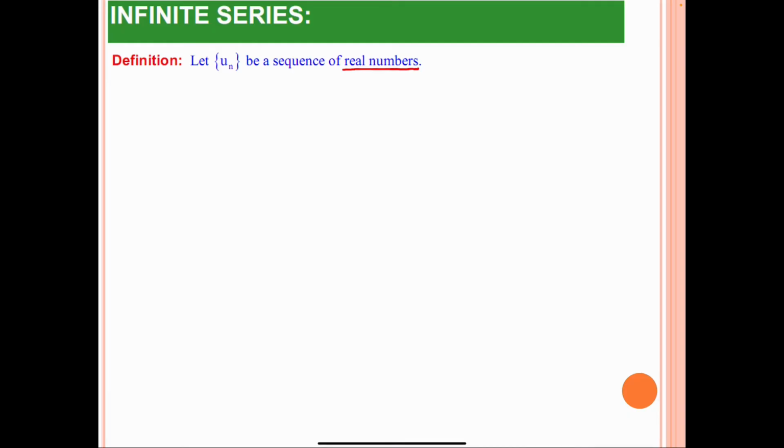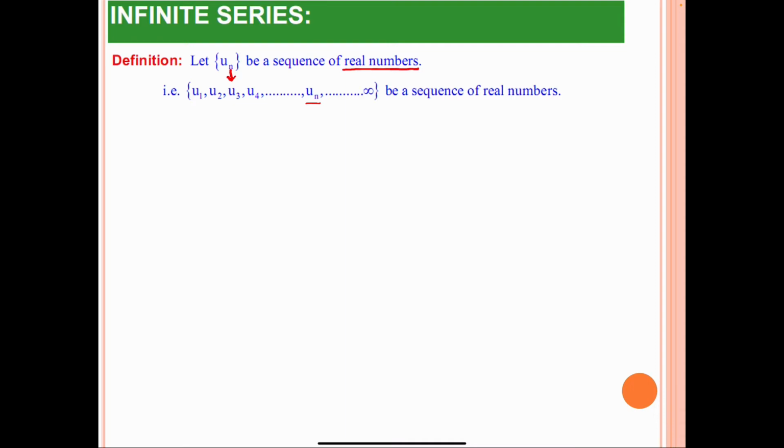This means that we can represent un this way: u1, u2, u3, u4, un, and so on up to infinity, be a sequence of real numbers. So we can represent this notation this way: u1, u2, u3, u4, and so on, un, and so on up to infinity.